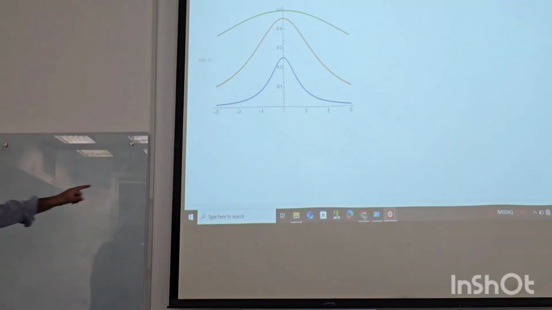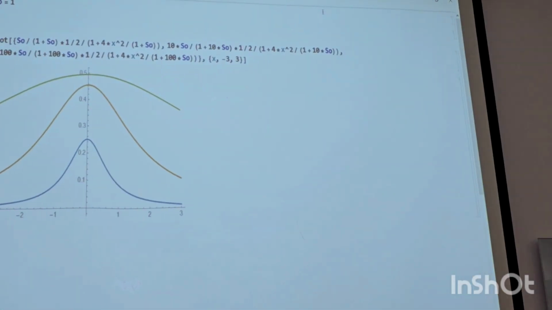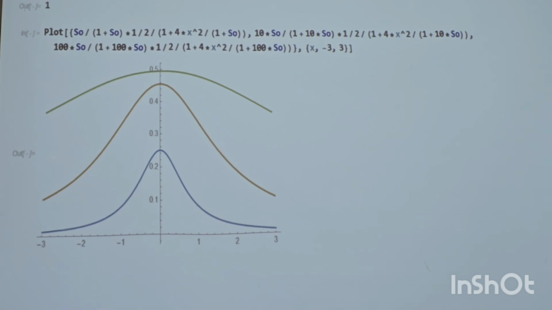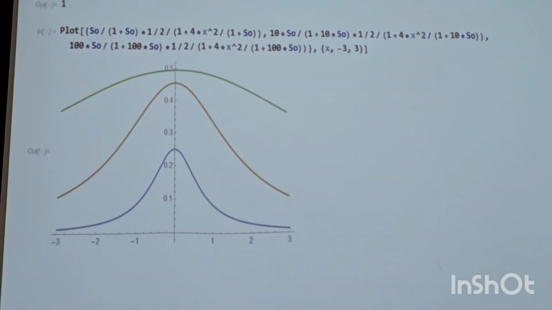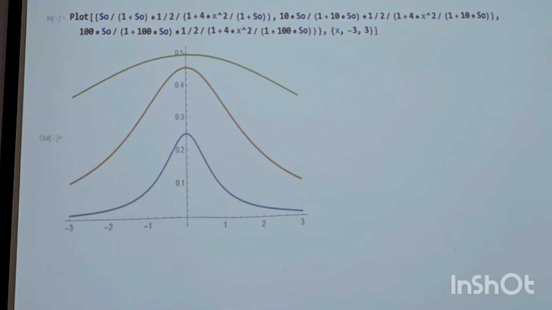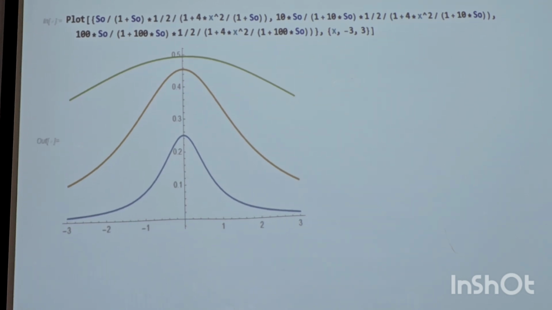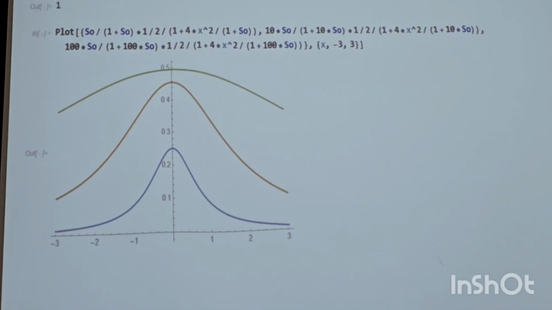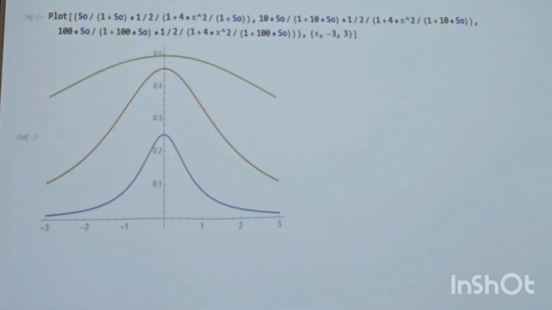The blue curve is for 1 unit of S naught. S naught, remember, is determined by the incident intensity and the damping. So I keep the incident damping fixed and change the damping factor gamma, or I can keep the damping factor fixed and change the incident intensity. This blue is the smallest S naught.